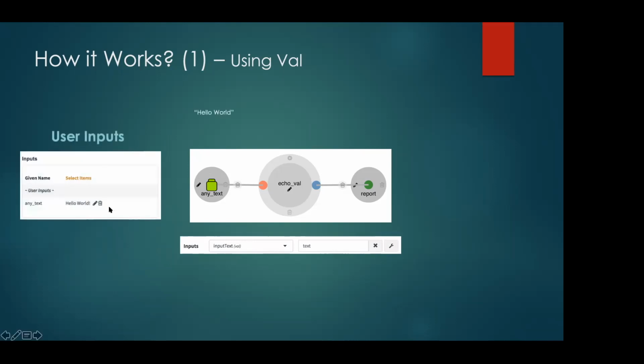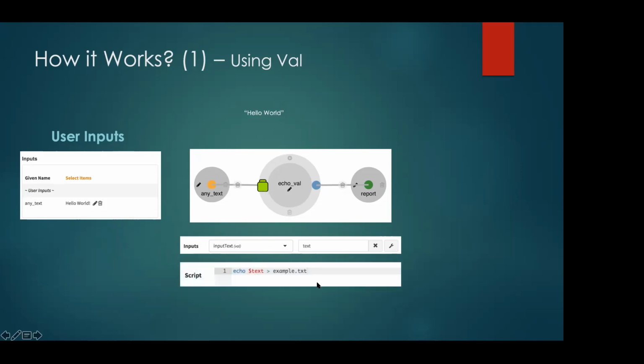And the user will see this as an any text input in their run page, and they need to enter some keyword inside this any text field. So when we enter this value hello world as an example, this hello world keyword is going to transfer to this process, and now we will execute our script.